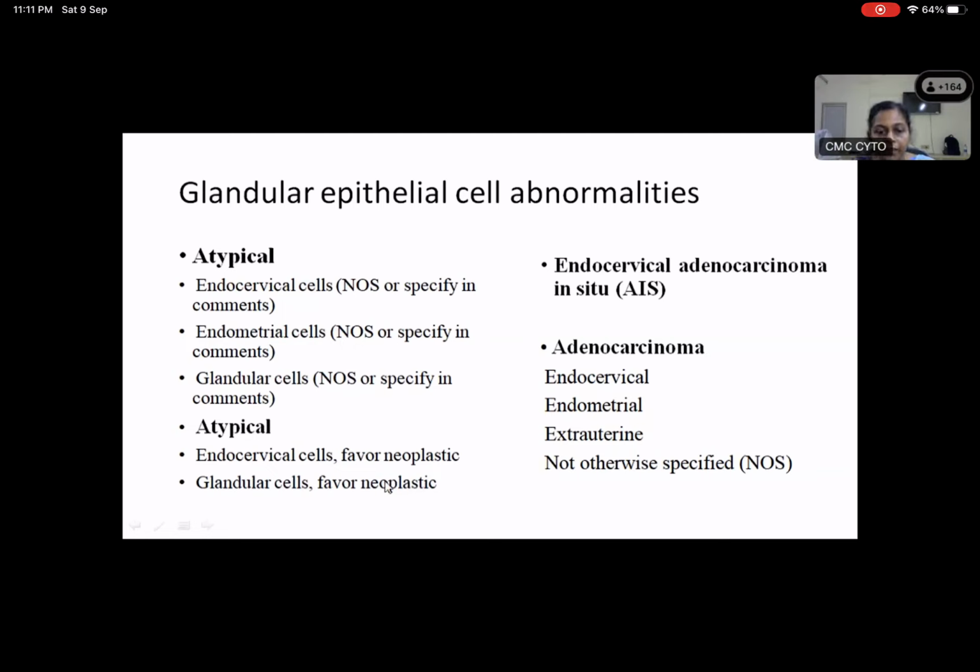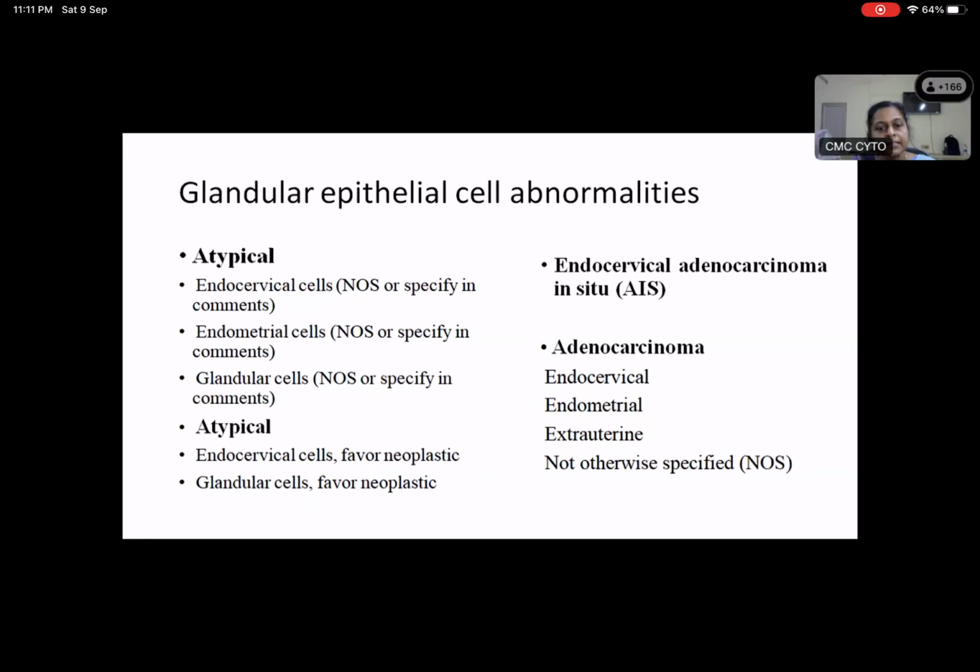Okay. Another point to note here is that this is endocervical NOS, endometrial NOS, glandular NOS. When you come to favor neoplastic, we are missing one category, isn't it? We are missing the endometrial category. Endometrial NOS is there, endometrial favor neoplastic is not there, because it is very well recognized and understood that it is very difficult to further classify endometrial cells atypical as NOS or neoplastic, because most of the time this further classification on cervical cytology smears is not correlating with the biopsy outcome.